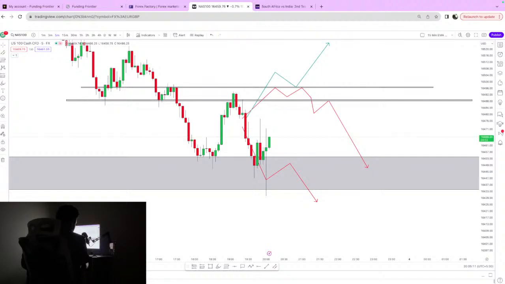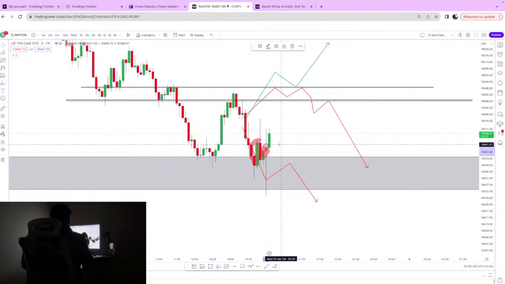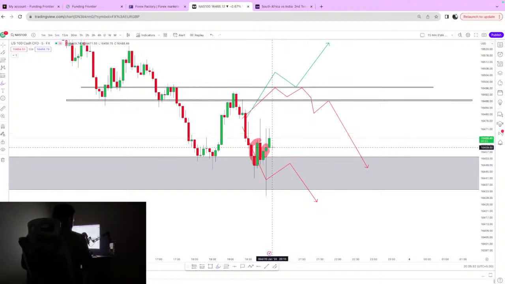Now we have two confirmations on the buy side, right? Let me show you. This is one bullish engulfing candle, then this is another bullish engulfing candle, and now a third. If a third forms anywhere, then I will be interested.